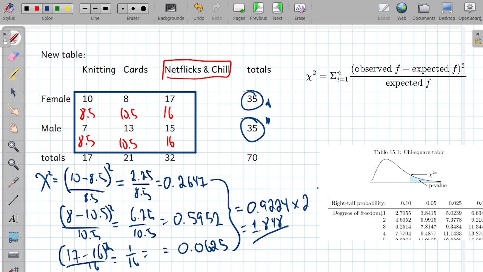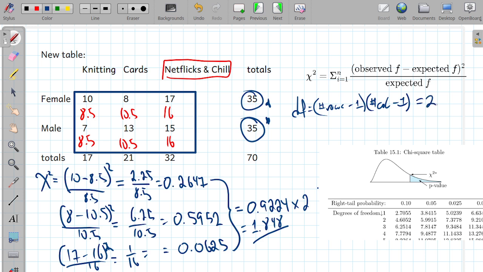Now, what's the degrees of freedom? Our degrees of freedom, again, from our earlier discussion, is the number of rows minus 1 times the number of columns minus 1. So that leaves us with 2. Here's an easy way to get that, by the way.